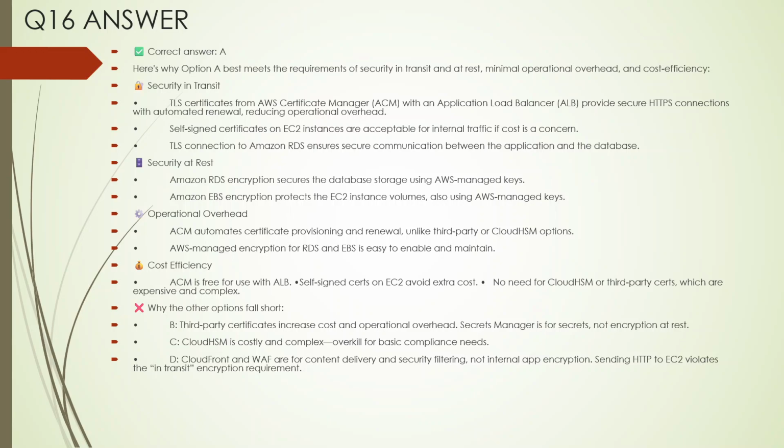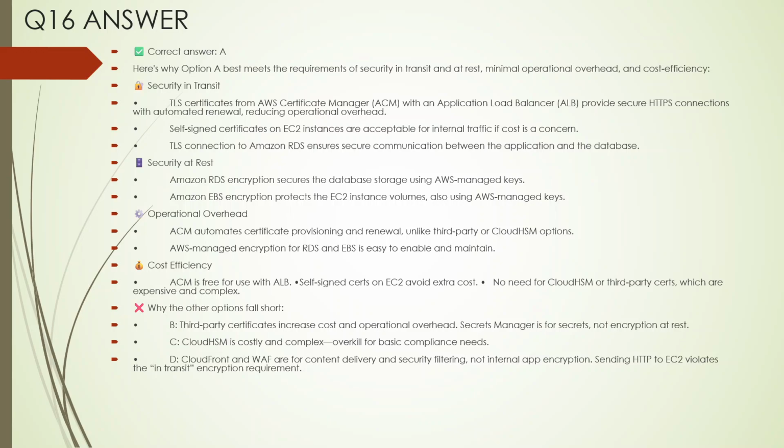Self-signed certificates on EC2 avoid extra costs, and there's no need for CloudHSM or a third-party certificate, which is expensive and more complex. A third-party certificate increases cost and operational overhead, and you don't need to use it.